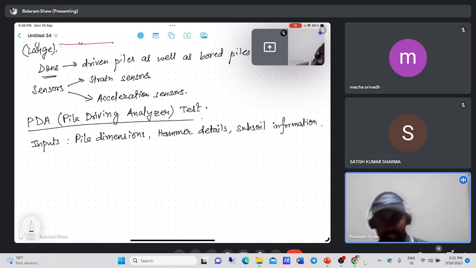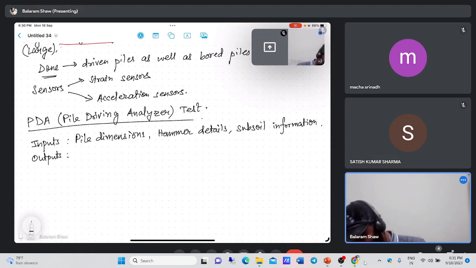After doing the test, we'll get the pile load carrying capacity, and whether that is matching with the design carrying capacity that we have got.